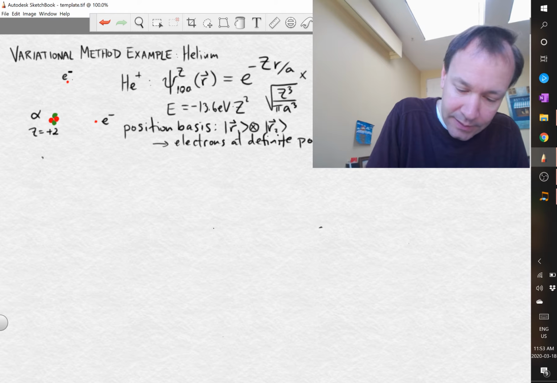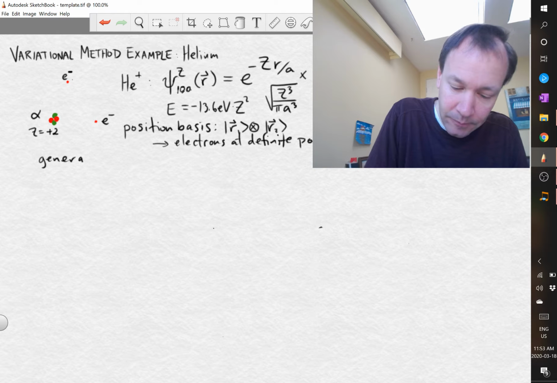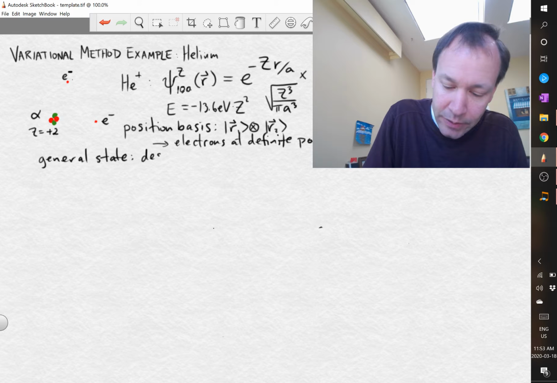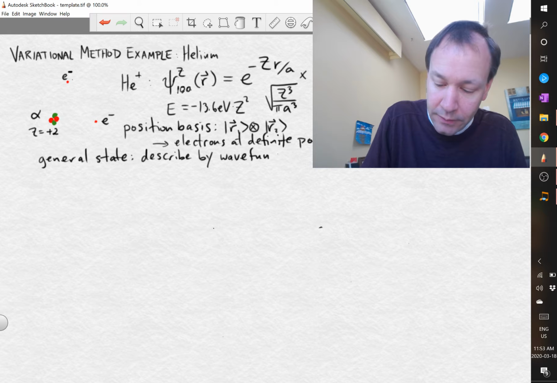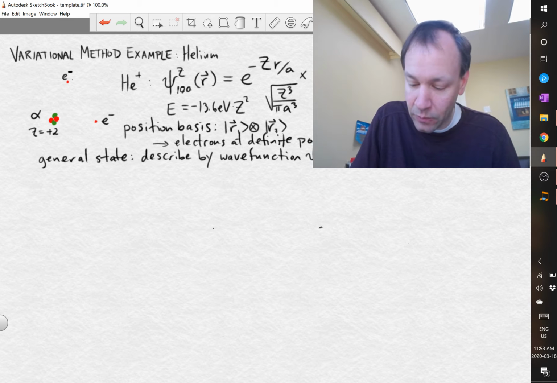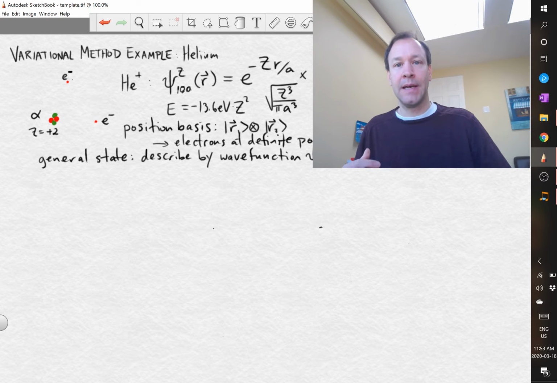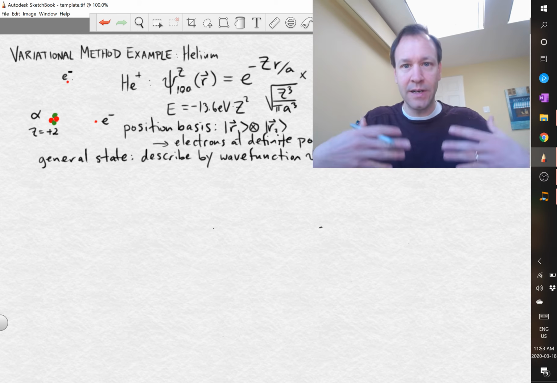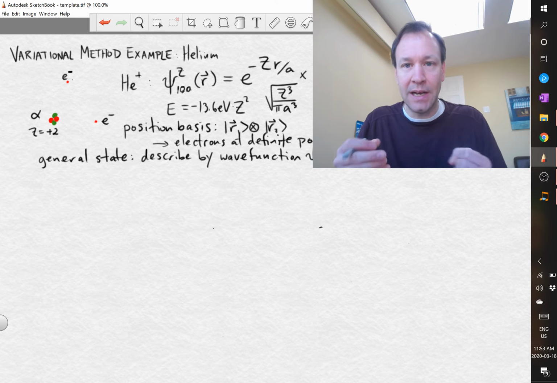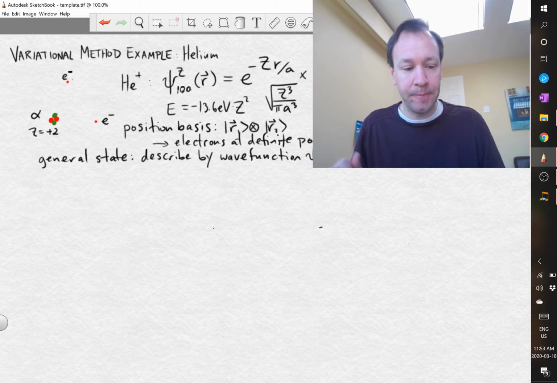So our general state we're going to describe by a wave function psi of R1 and R2. And the full state in Dirac notation would be some integral over R1 and R2 times that wave function times this position basis element.